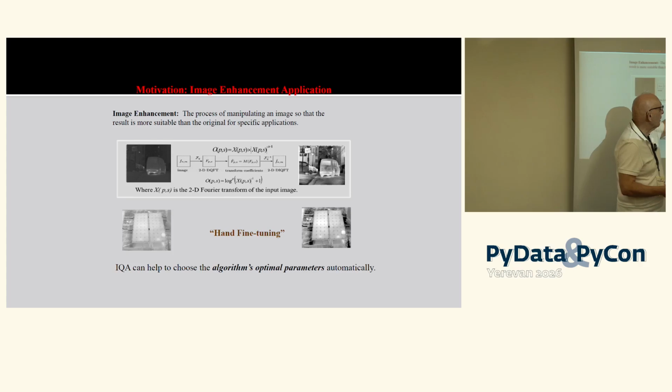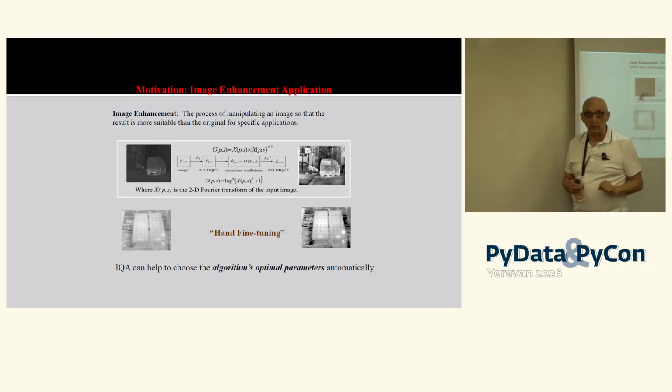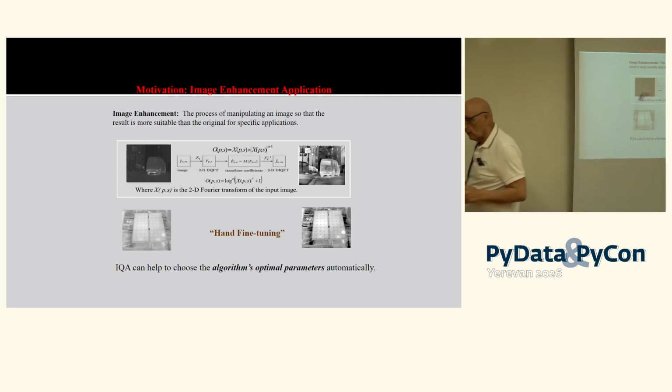Then image enhancement is very simple: you take these coefficients, take the absolute value, the modulus, and raise it to the power alpha minus 1. Changing alpha, you get different quality images. Now the question is, again, what is the best image, what are the best parameters?